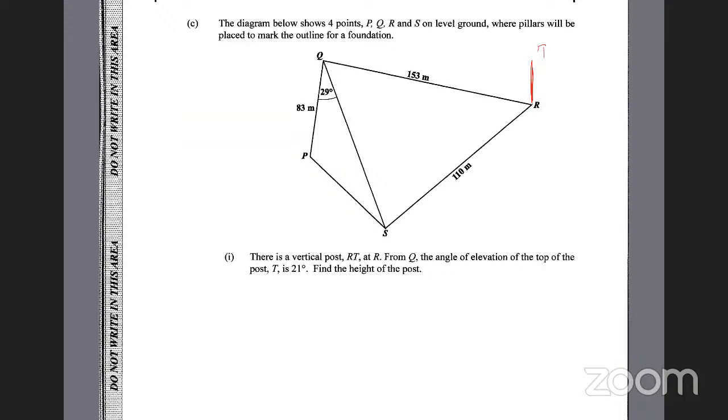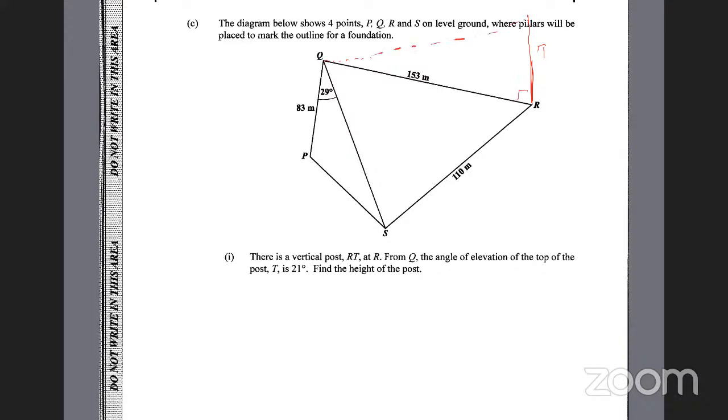From Q, the angle of elevation from Q, right? Remember, it's flat ground.